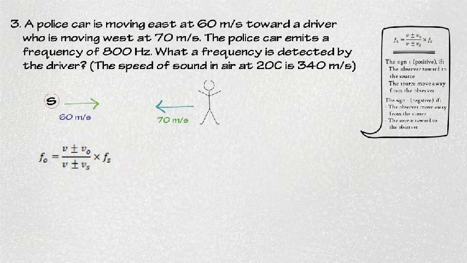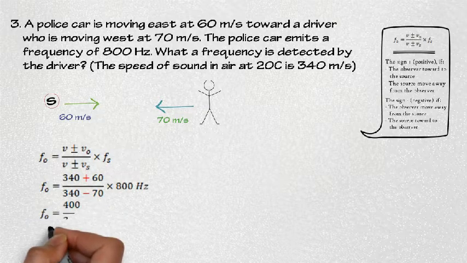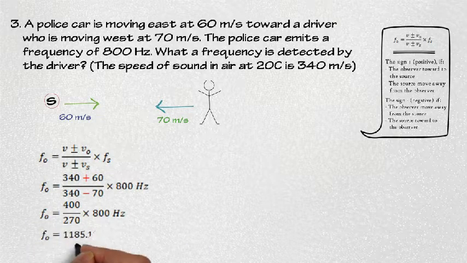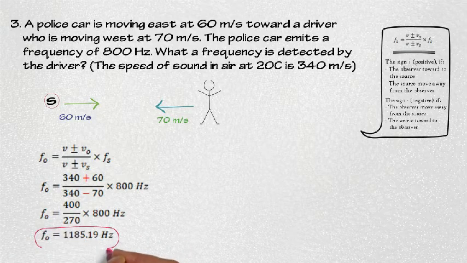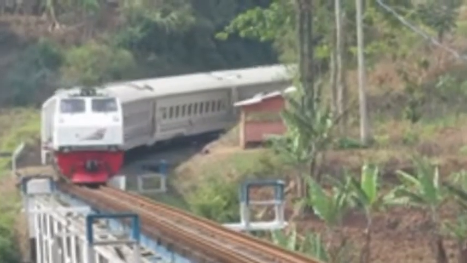We use the same formula and input the velocity of sound in air. Why is the velocity of the observer a positive value? Because the observer moves toward the source, and the source moves away from the observer. So the frequency of the observer is 1185.90 Hz.